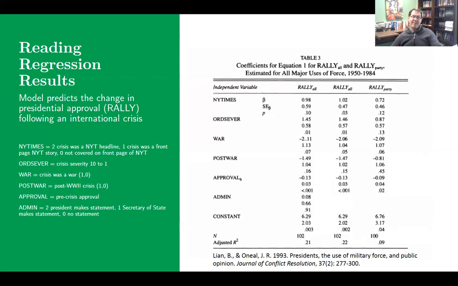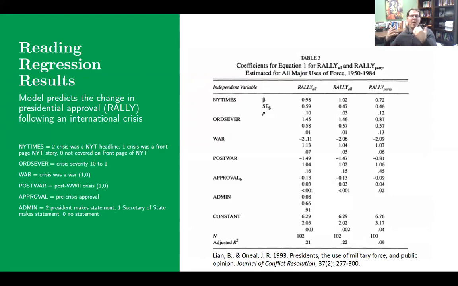And in fact, if you have no coverage on the front page, the models suggest that if you plug a 0 in that equation and multiply your slope 0.98 times 0, the effect would be 0. It would cancel itself out. If you had a front page story, however, instead of putting in a 0 into your equation, you'd put a 1 in there, multiply that by your slope, and the result of 1 times 0.98 would be 0.98.